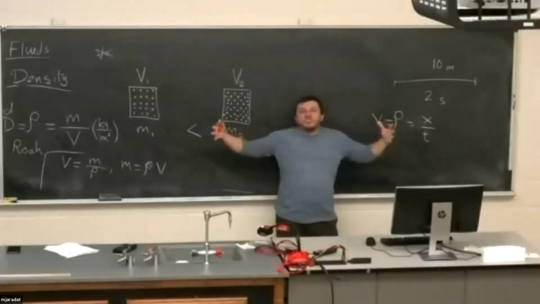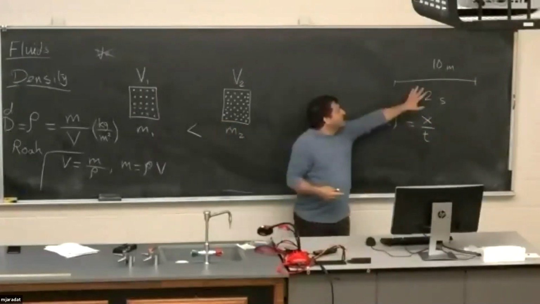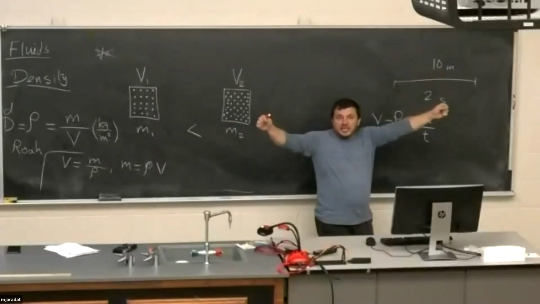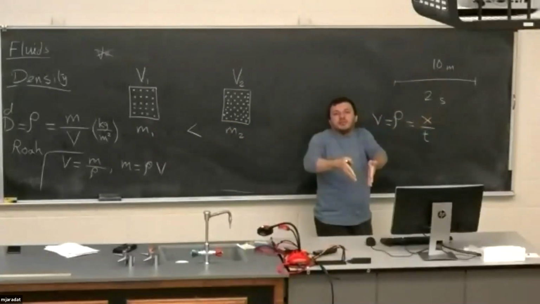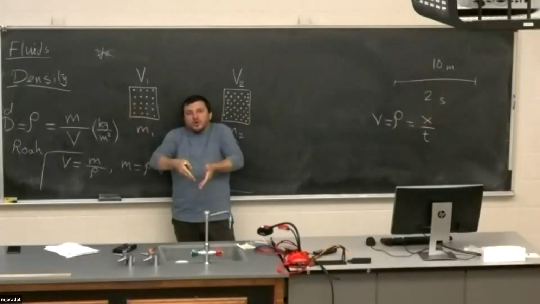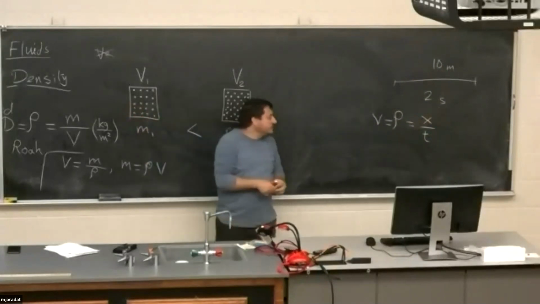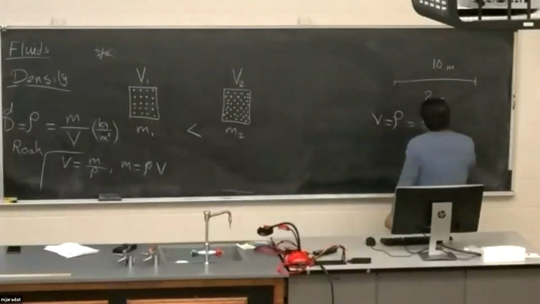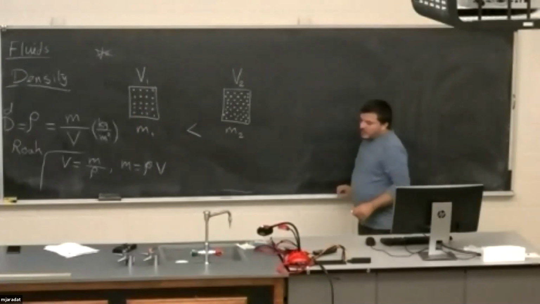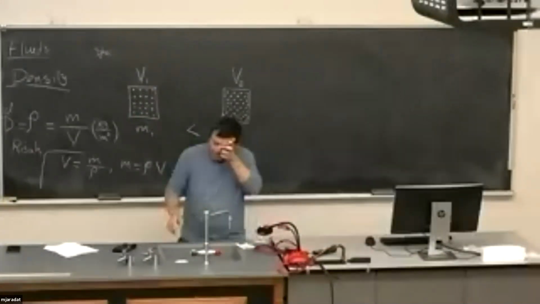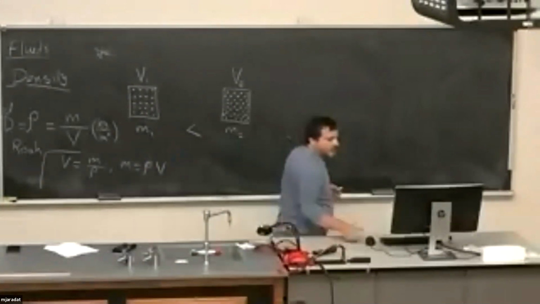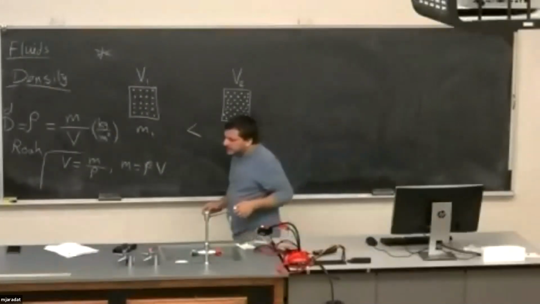So all the physics is connected together. This is a density of length per time. This is a density of mass per volume. Any question about density?